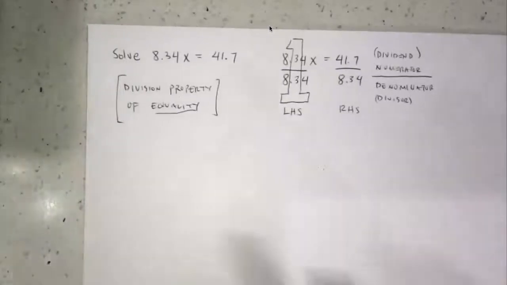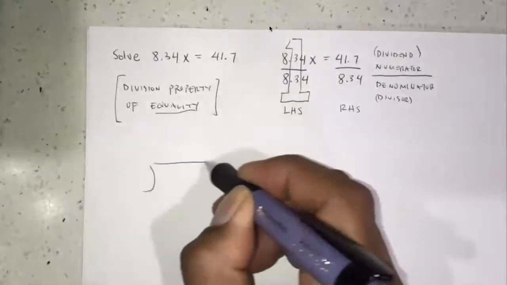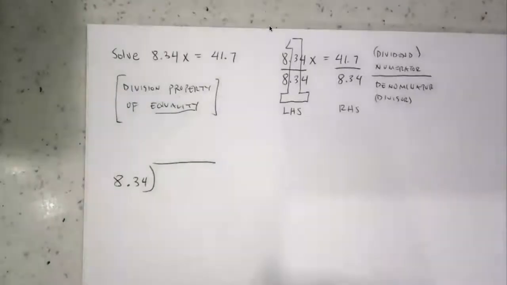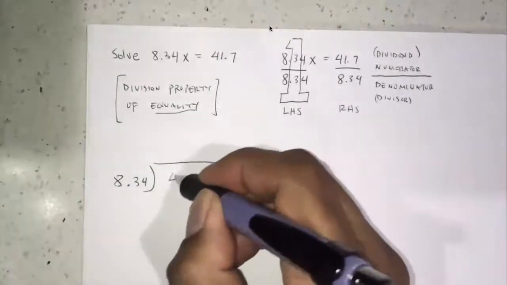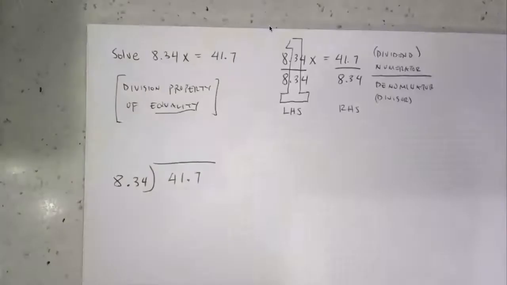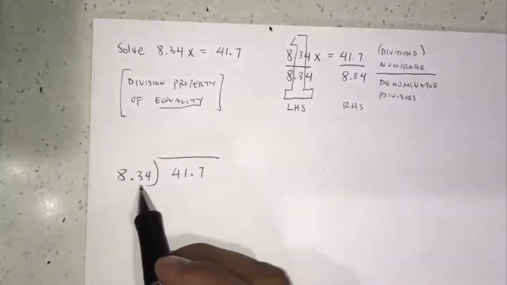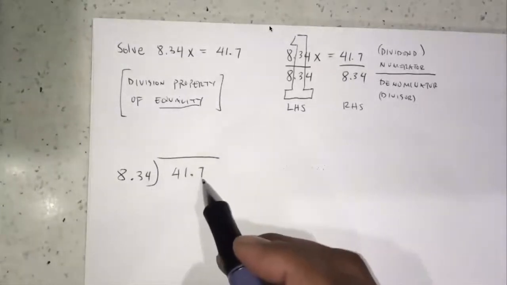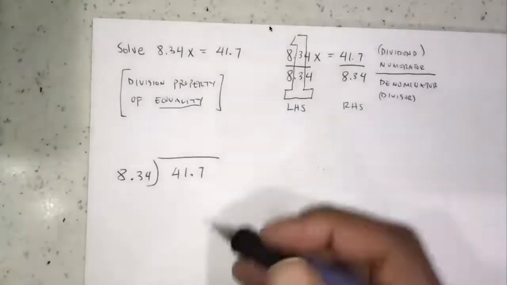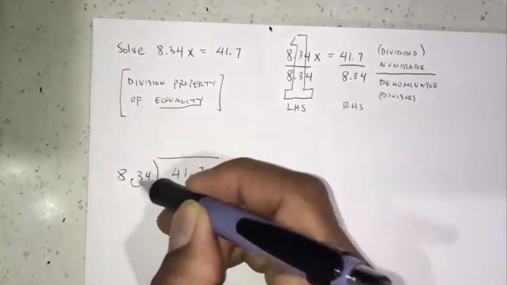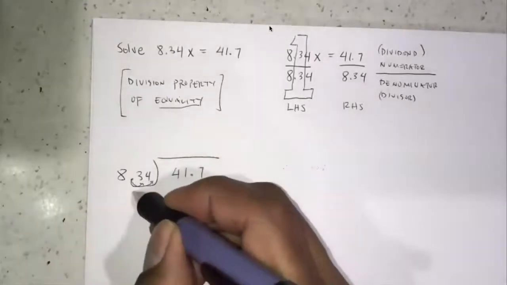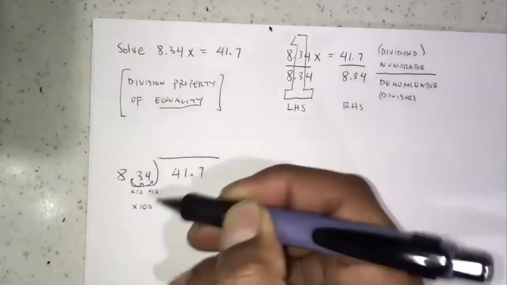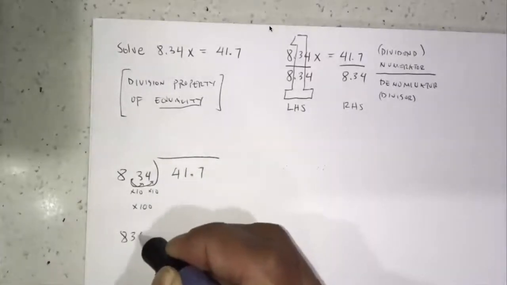All right, so drawing our division house, 8.34, and our dividend 41.7. So 8 and 34 hundredths divided into 41 and 7 tenths. So I'm moving the decimal twice. That means that I'm going to multiply everything by 100 to make it into a whole number.